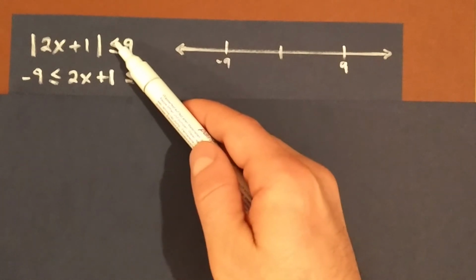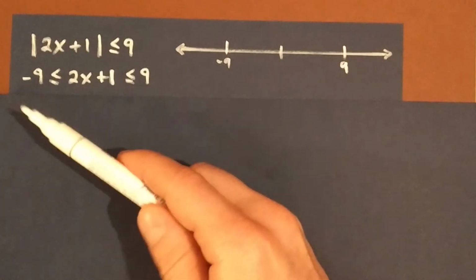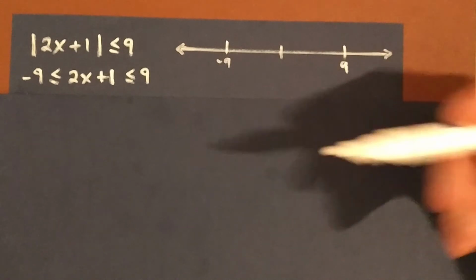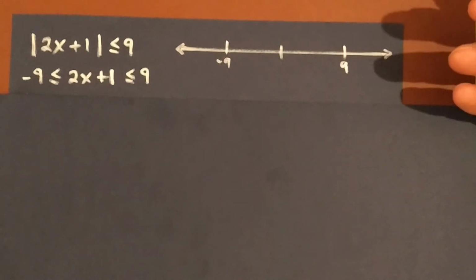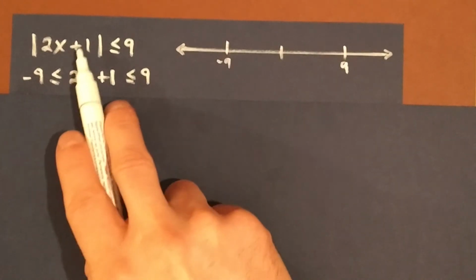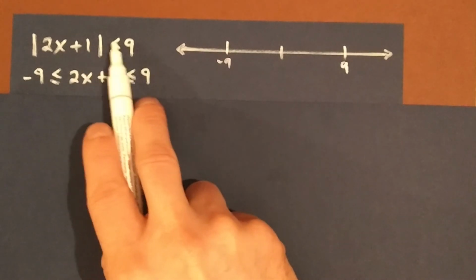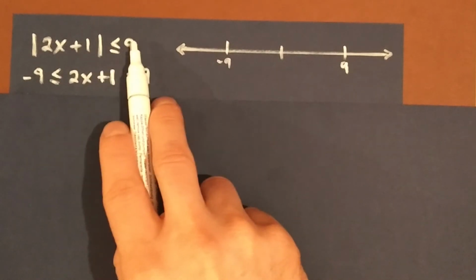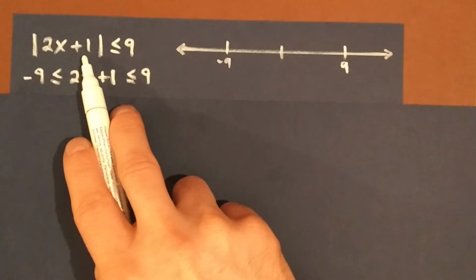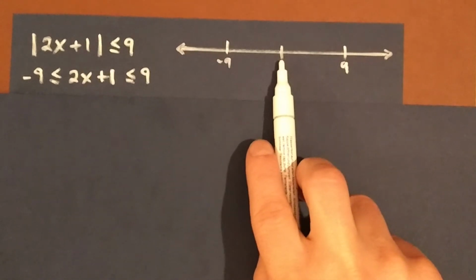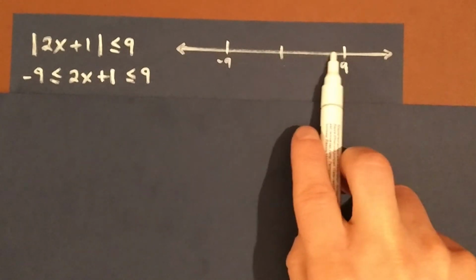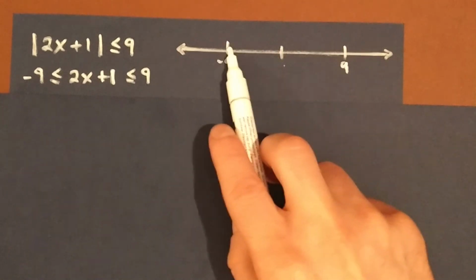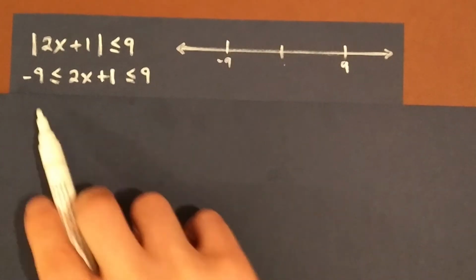You can remember, when it's less than, I do this, and when it's greater than, I do that. But I would suggest thinking of it conceptually always. So this expression, its absolute value is less than 9, so its distance from 0 is less than 9. So up to 9 to the right and up to 9 to the left. So we can write that this way.